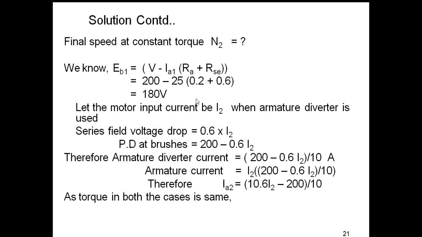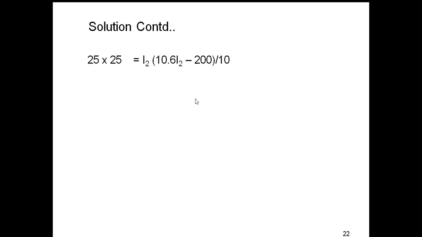As the torque is same, we know that the torque is directly proportional to phi Ia. Since the torque is same, we can write phi 1 into Ia1 is equal to phi 2 into Ia2.